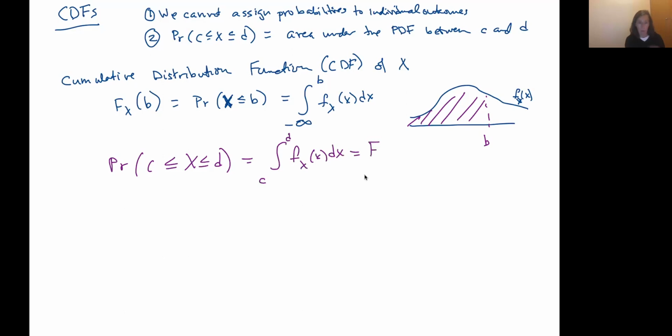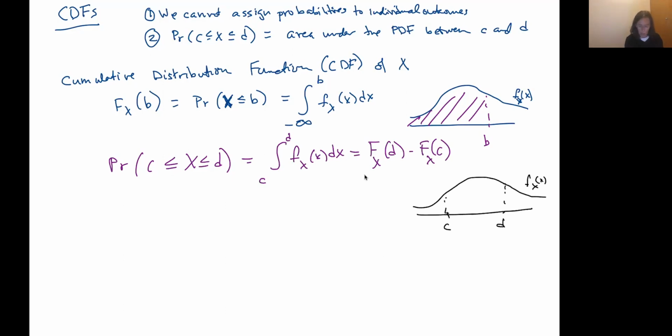And that, again, remembering how we evaluate definite integrals, is the CDF evaluated at D minus the CDF evaluated at C. So if we're doing a similar picture here, we've got C and D, and we've got our PDF of X here.